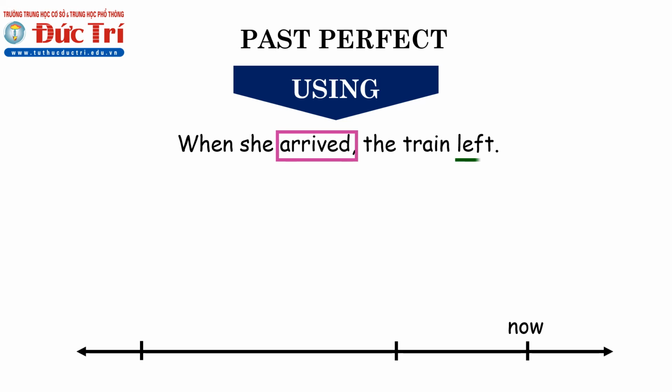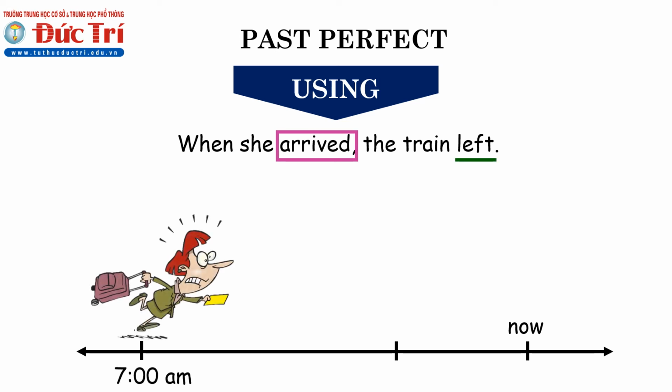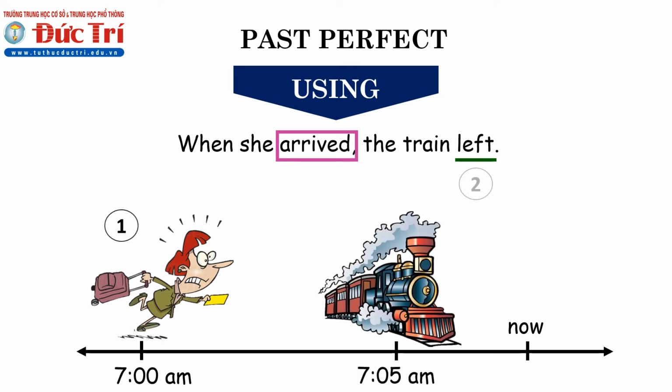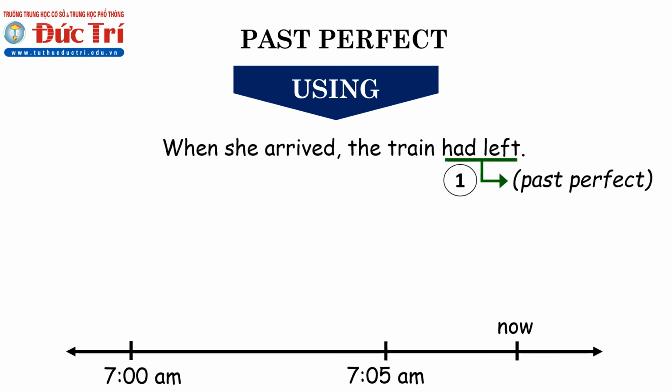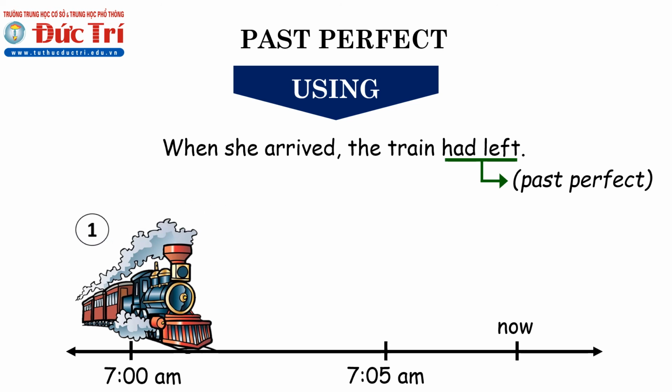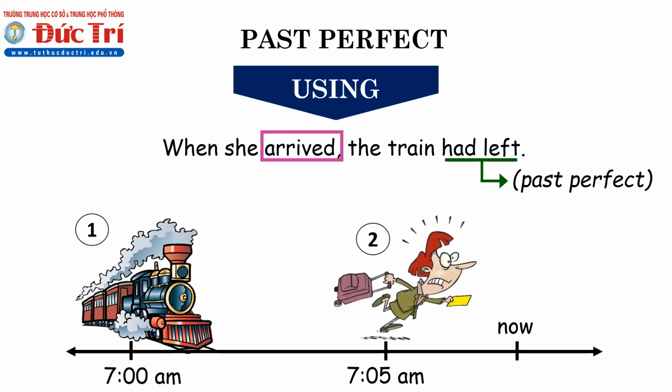It means she arrived first, then the train left immediately after. When she arrived, the train had left. It means that the train left first, then after that she arrived. It means that she missed the train.